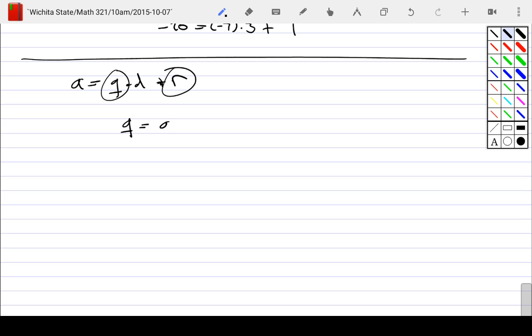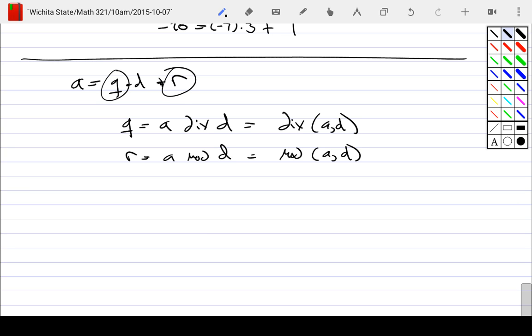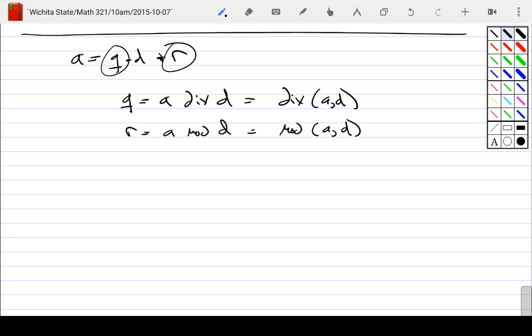Q is equal to A div D, normally coded as div(A, D). And then R is equal to A mod D, normally written as mod(A, D). A is the dividend, D is the divisor.